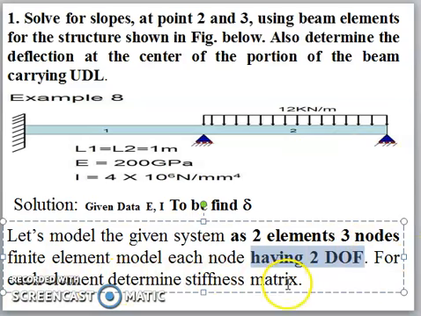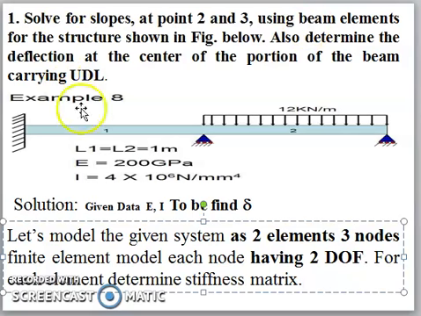Each node may either move or rotate, so it is a 2 degree of freedom system. Now the first step, the FE model, is over.